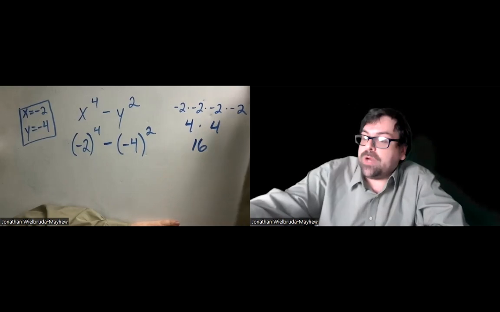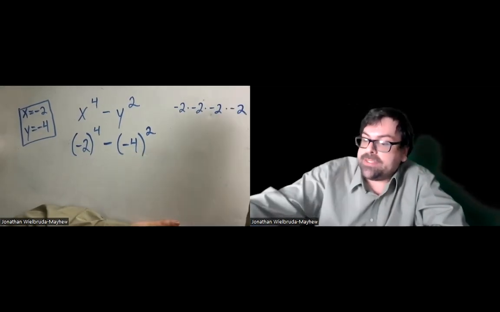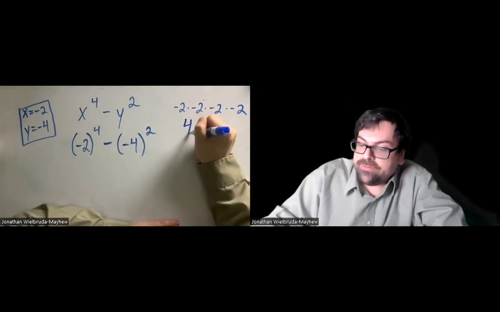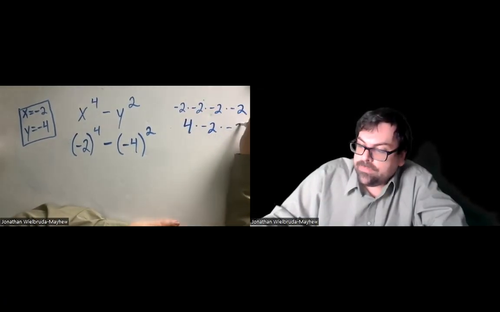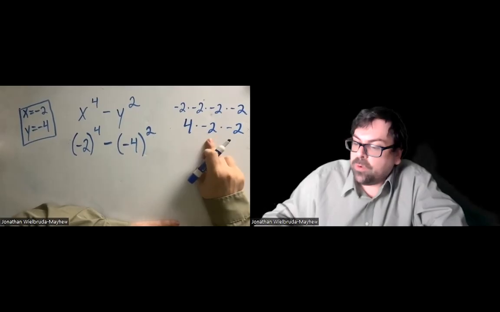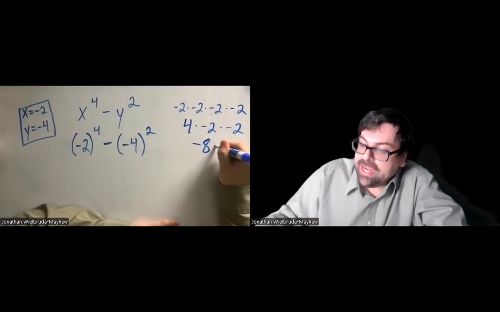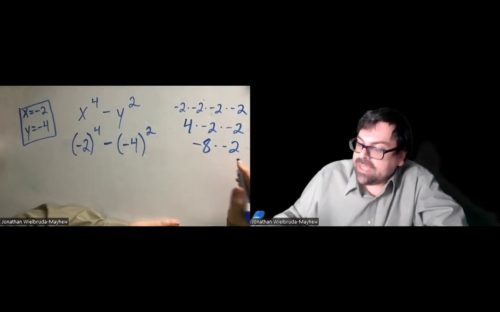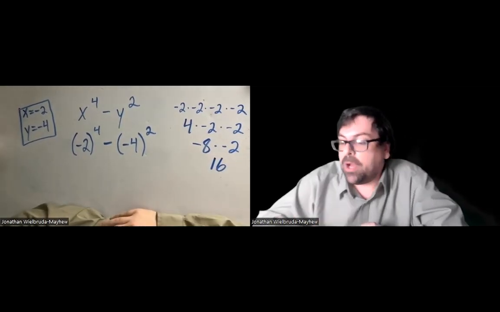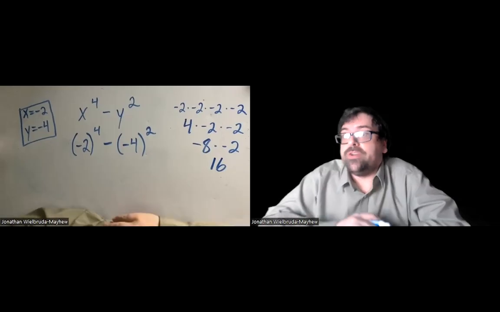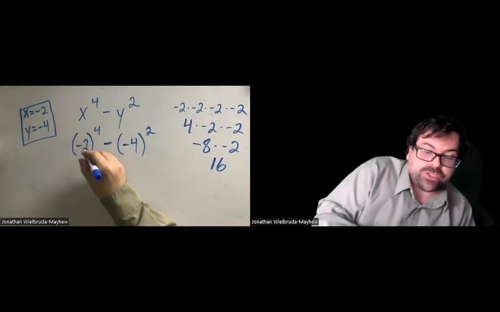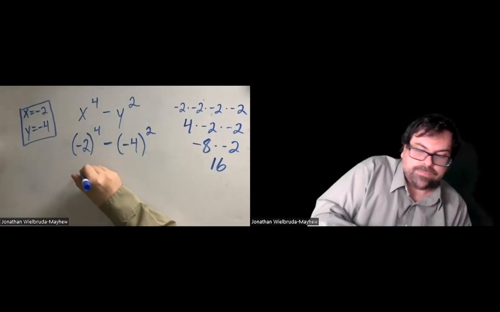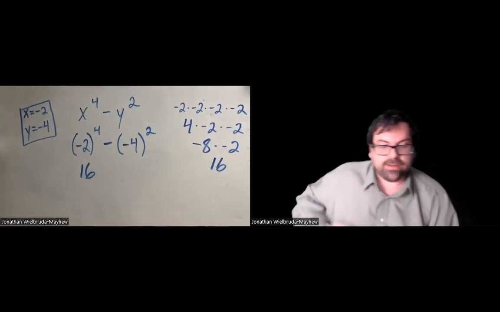Or you can go left to right and you'll get the same answer. -2 times -2 is +4. +4 times -2 is -8. -8 times -2 is +16. So however you come about it, -2 in parentheses to the 4th power is +16.